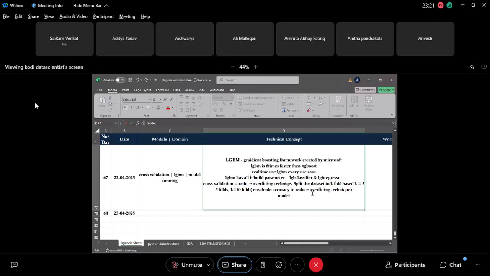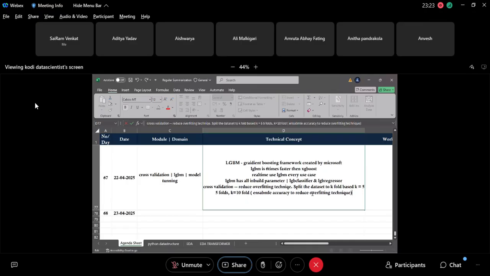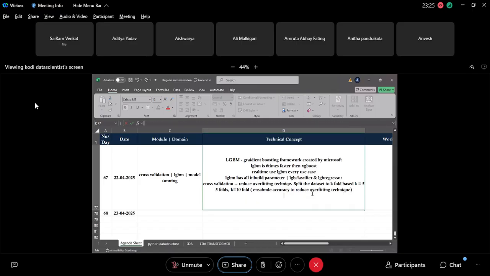After that, what is model tuning? We did the practical for cross validations, k-fold and stratified. And in model tuning, we learned Grid Search CV and Random Search CV.